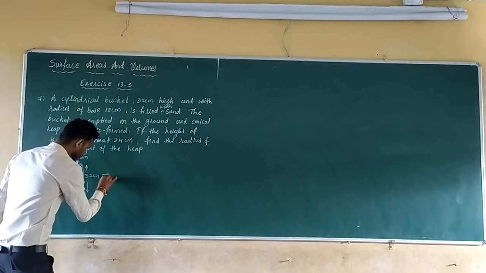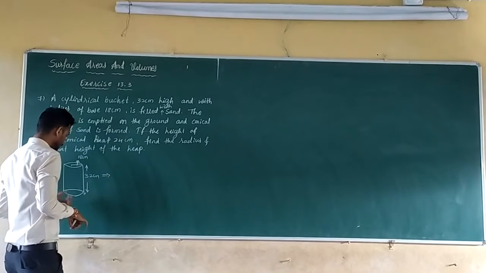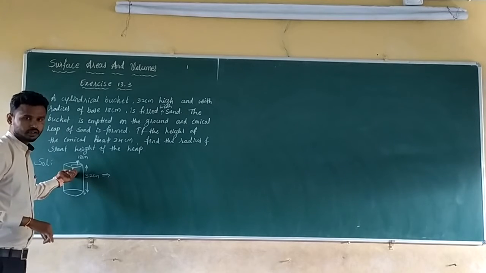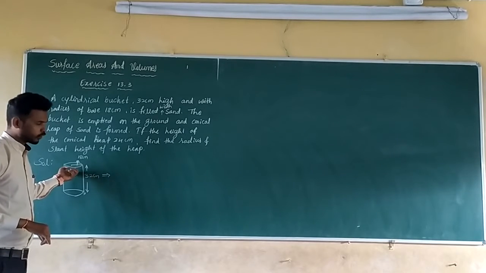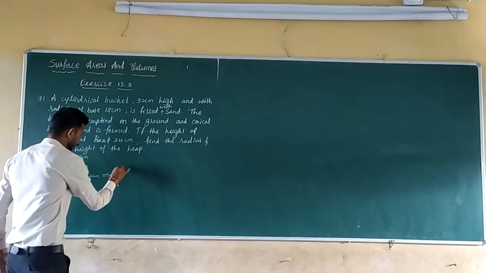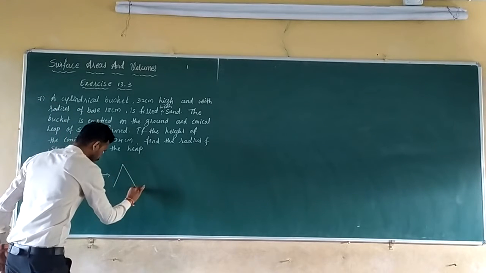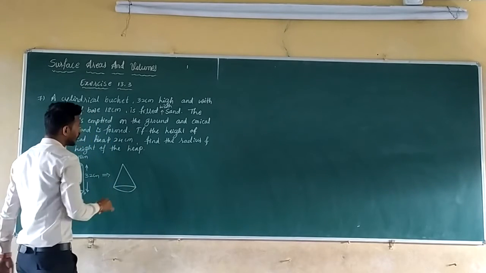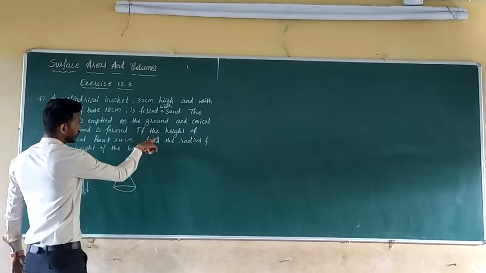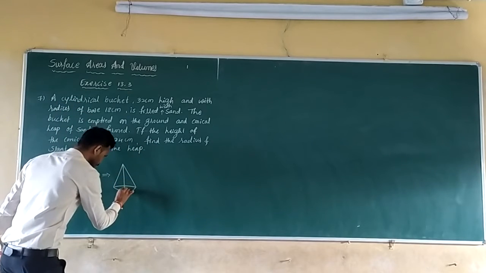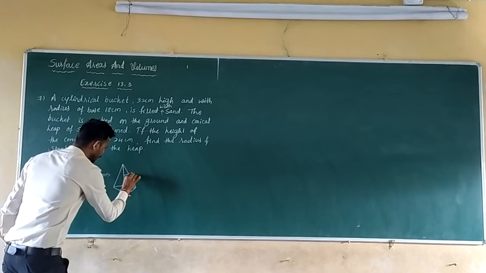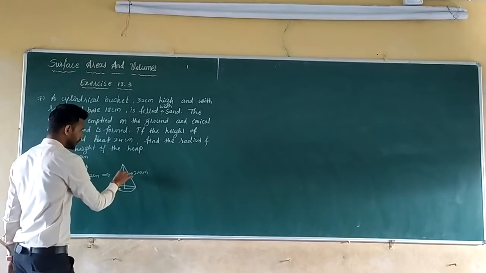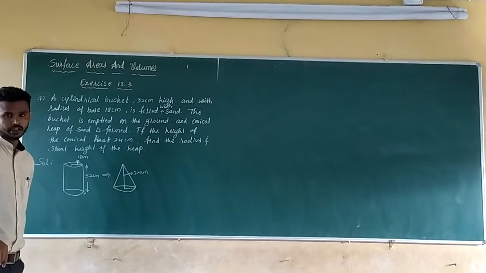So if you remove this sand from the cylindrical bucket, then it will form a conical heap of height how much? 24 centimeter. Then find the radius and slant height of the heap.